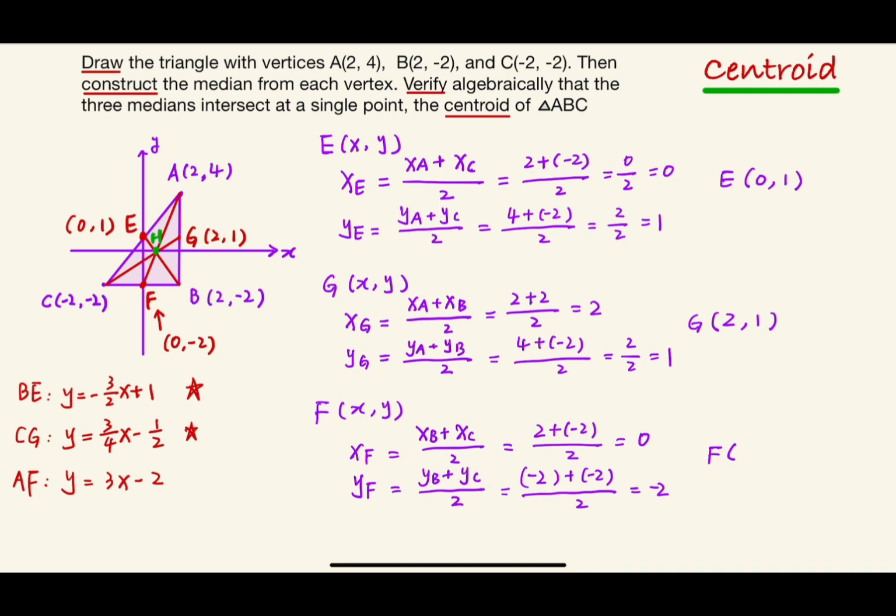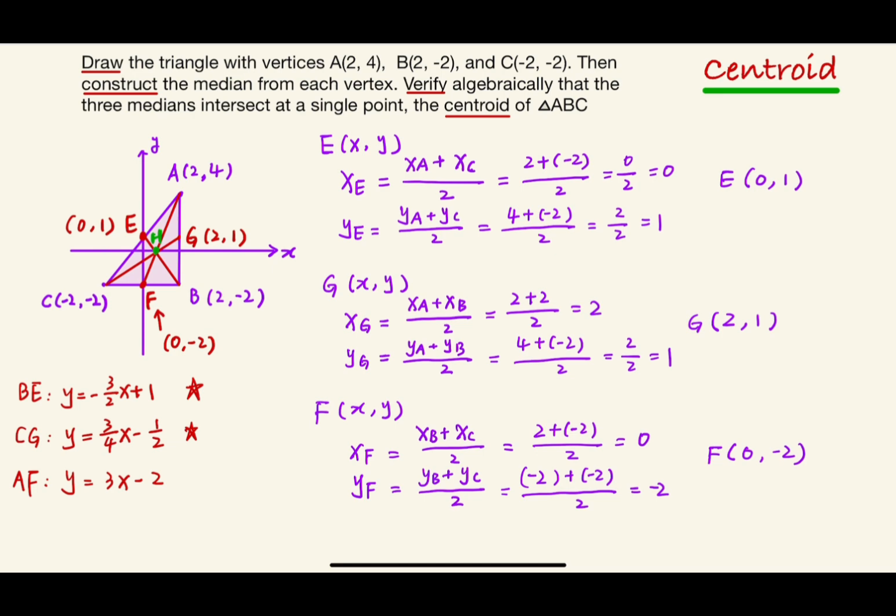So point F should be (0, negative 2). This point should be on the y-axis. Here, this point is this point.